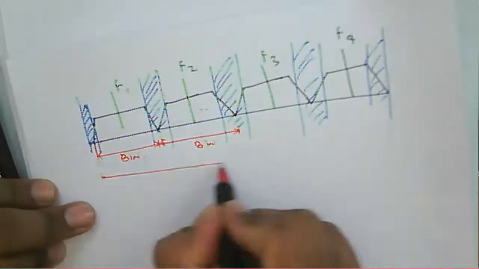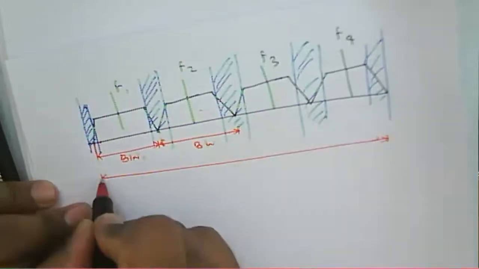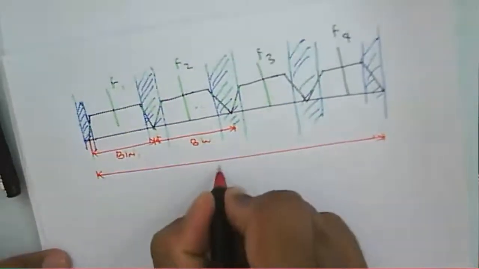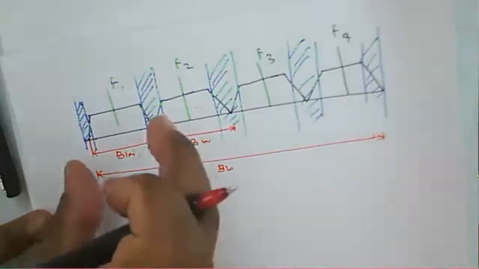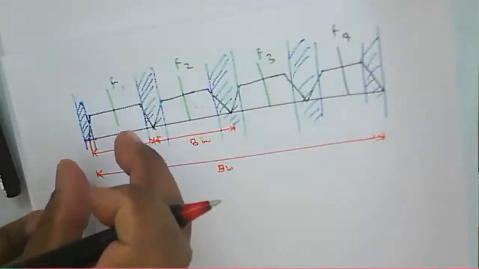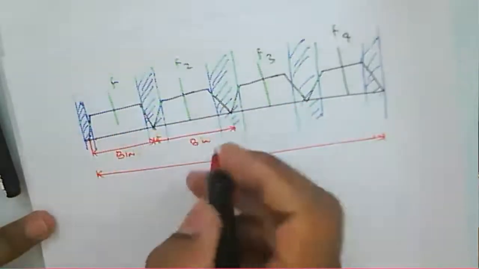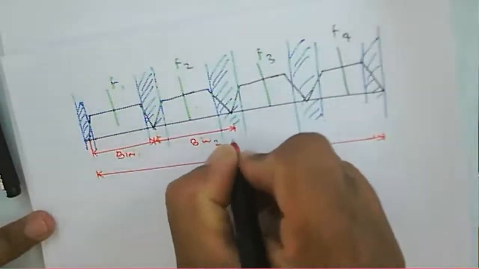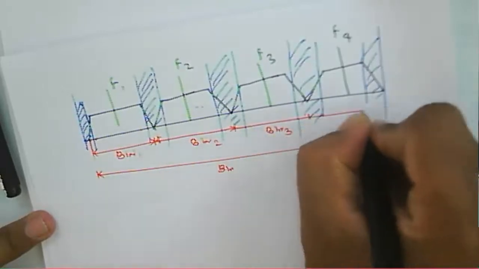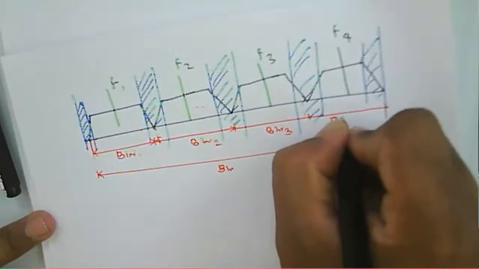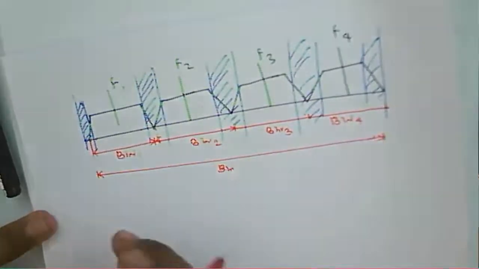If you consider the total four channels, that is the complete available bandwidth, and for each channel, F1, F2, F3 are the carriers, with bandwidth 1, bandwidth 2, bandwidth 3, bandwidth 4.